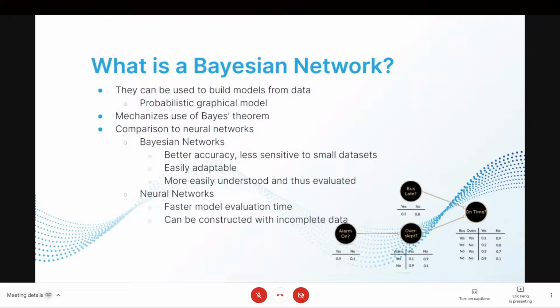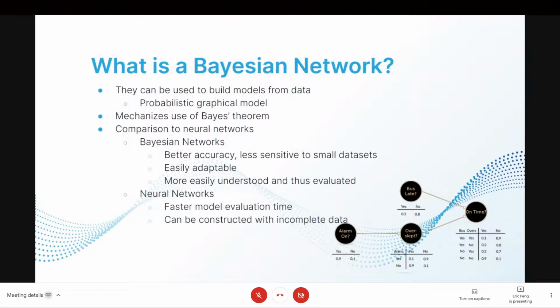A Bayesian network uses the Bayes theorem, and I'm not going to go into it right now, but it's basically something that can help us calculate probability based on the variable distributions. Comparing Bayesian networks to neural networks, Bayesian networks have better accuracy because they have a complete data set, and since they're random, they have a higher chance of having a normal distribution of that certain variable.